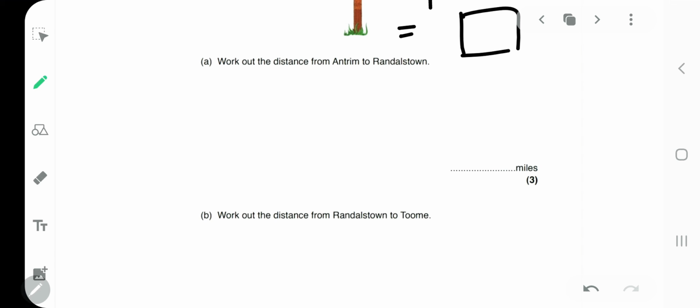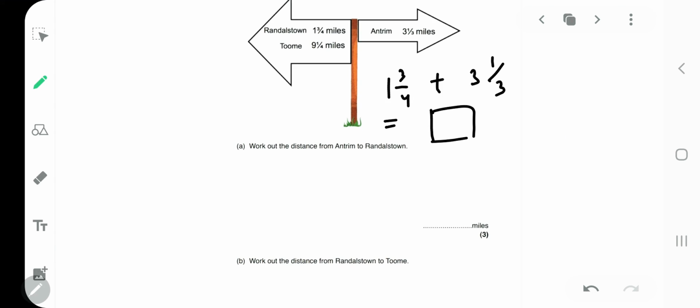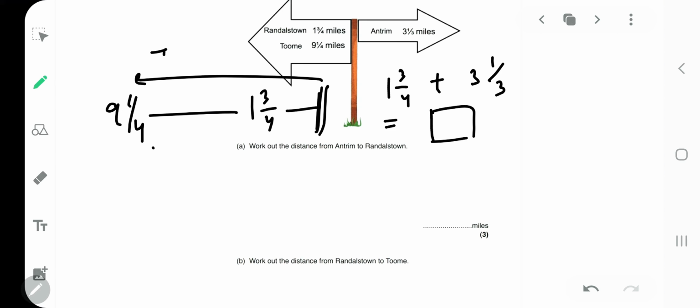Next is work out the distance from Randallstown to Tomé. Now Tomé is on the same side. You have to go from Randallstown, that is 3/4 miles from the center, and then it is 9 1/4 from the center. Here Tomé is there, and this is your Randallstown.